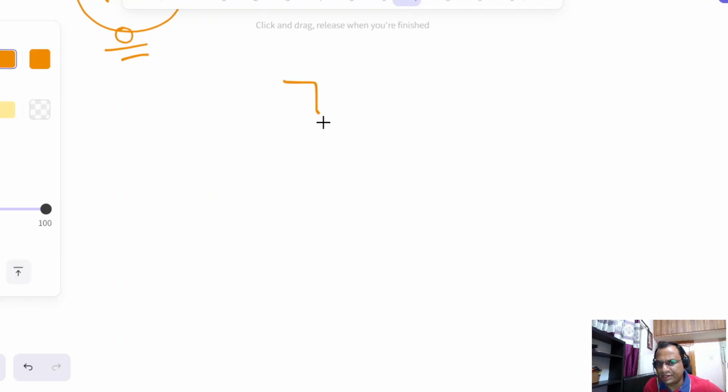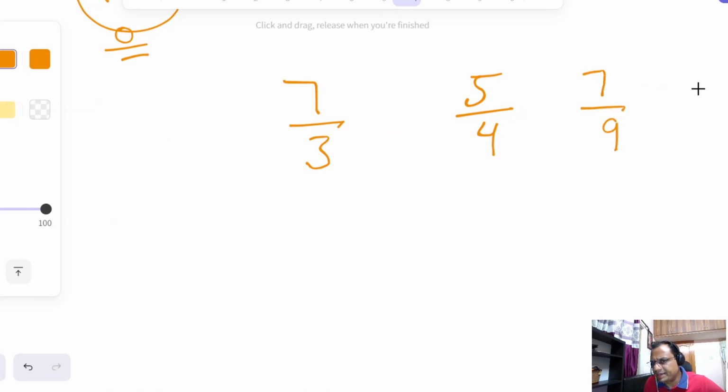For example, I have the fraction 7 upon 3 and the fraction 5 upon 4, and I want to know which one is bigger, which one is smaller, or whether they are equal. It is difficult if the fractions are not like fractions. If they are like fractions, it's very easy. For example, if I have 7 over 9 and 4 upon 9, these are like fractions with the same denominators. The one with the bigger numerator is the bigger one.